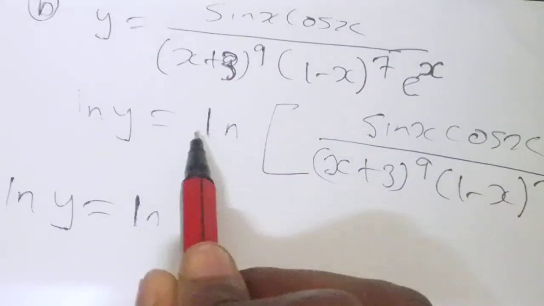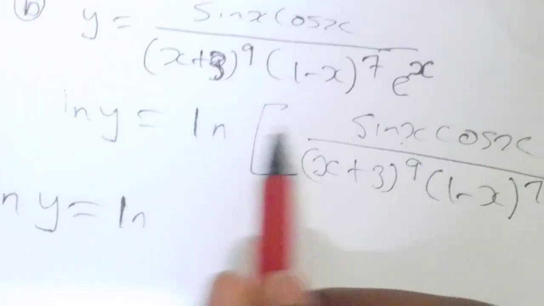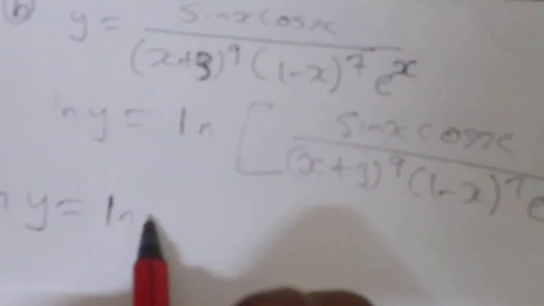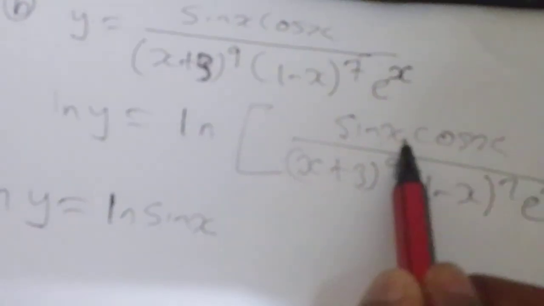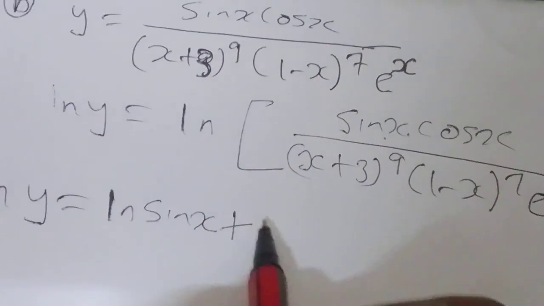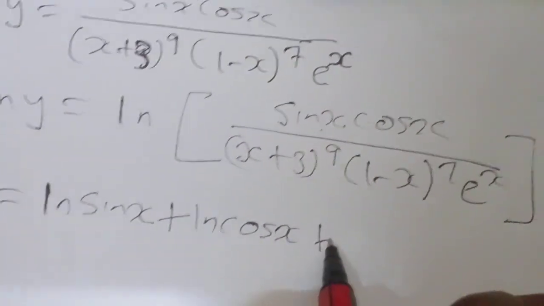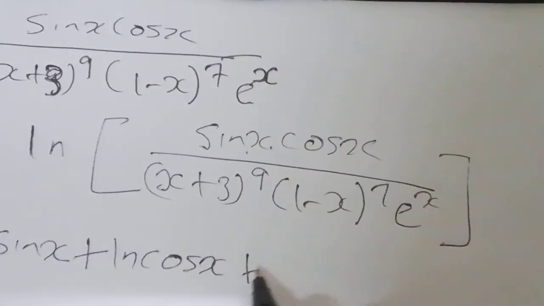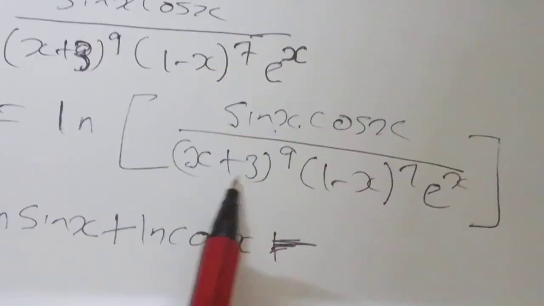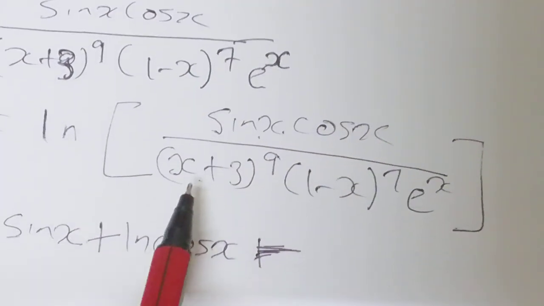You multiply the ln with everything. So this will be ln sin x, then because here there is multiplication, it becomes addition, plus ln cos x. Then it becomes minus, because division goes with subtraction.